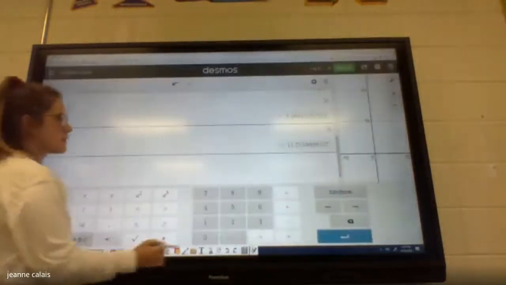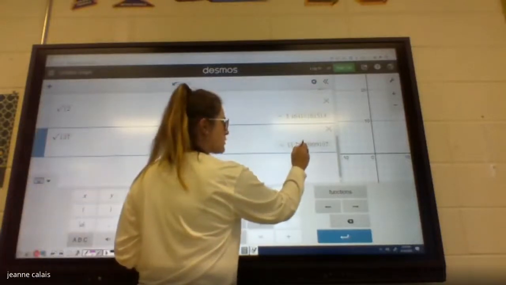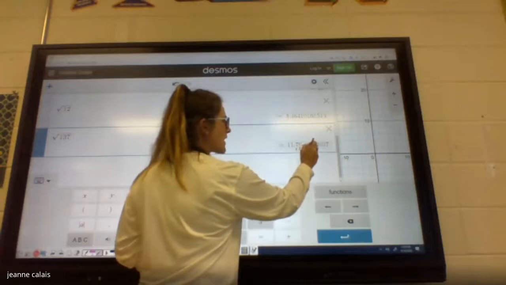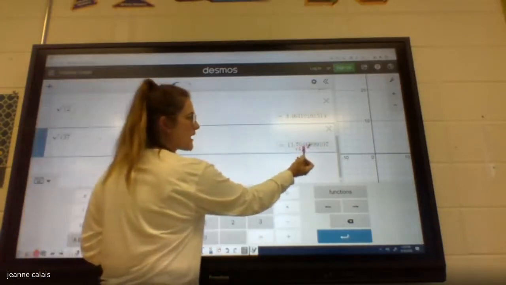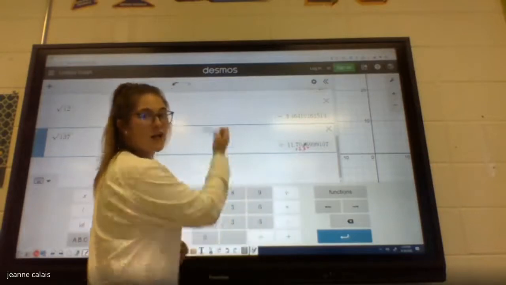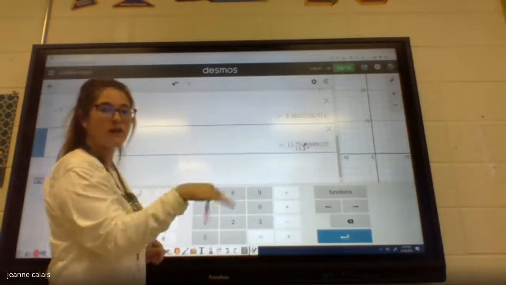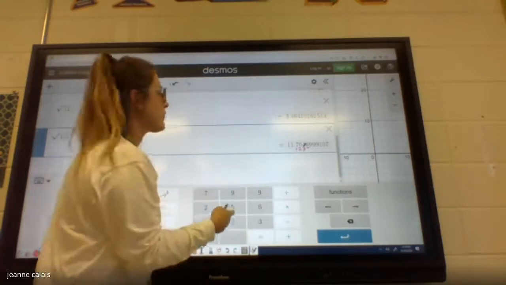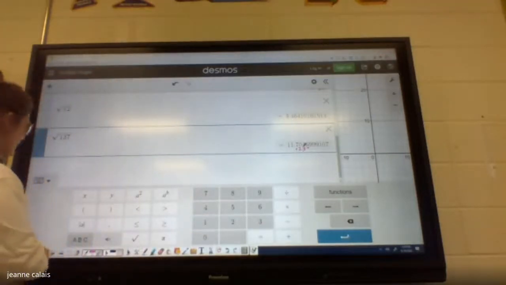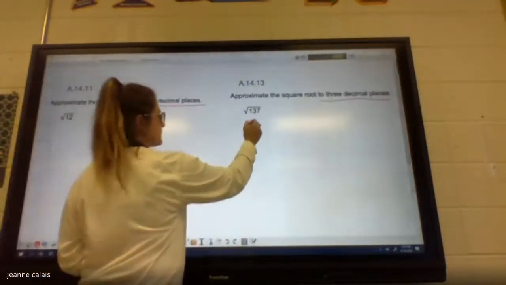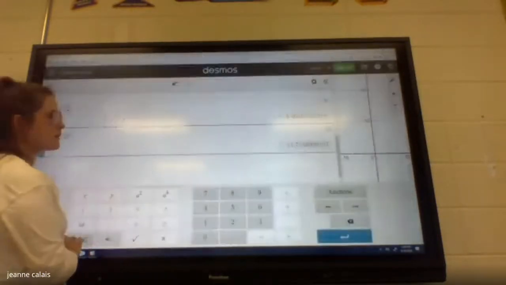Let me do this. Pen. All right. So 1, 2, 3. Look at the fourth. Okay, it's a 6, which means the number in front of it, the 4, is going to go up. All right, the number in front of it goes up. So you look at the fourth to determine what to do with the third place. So it's going to be 11.705.